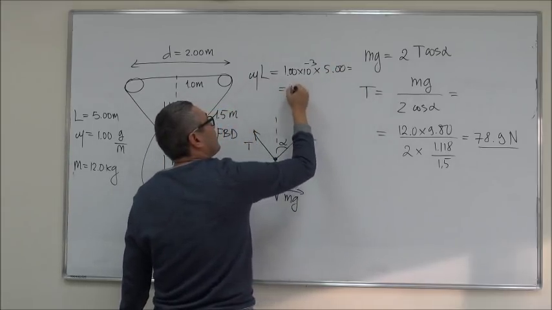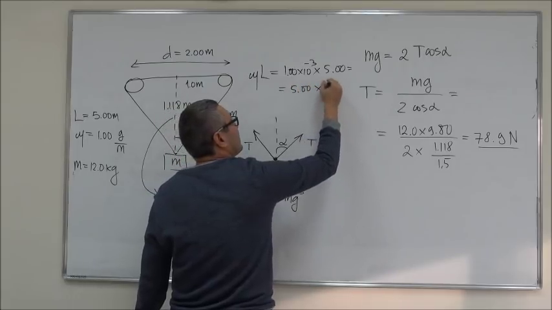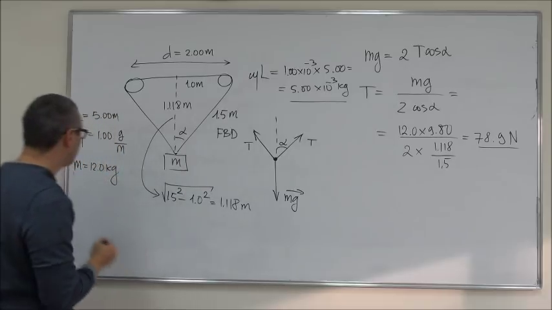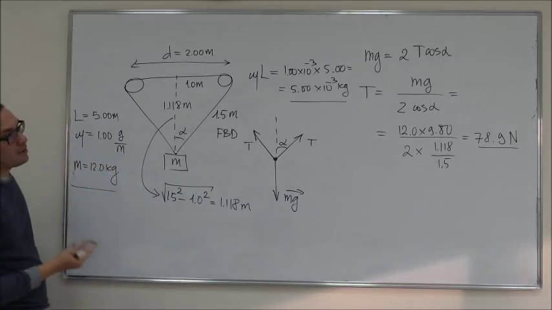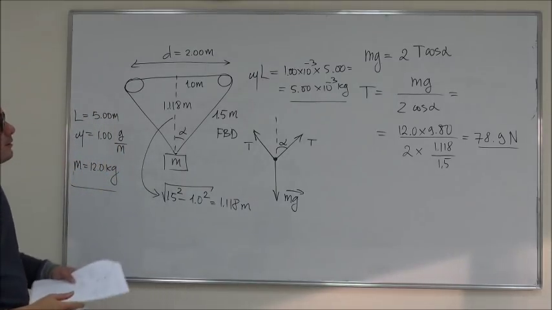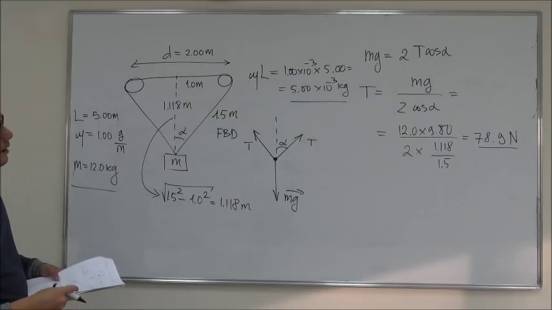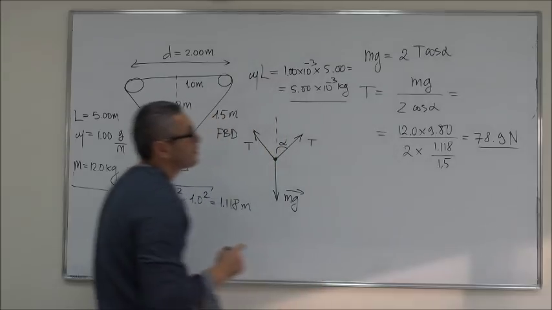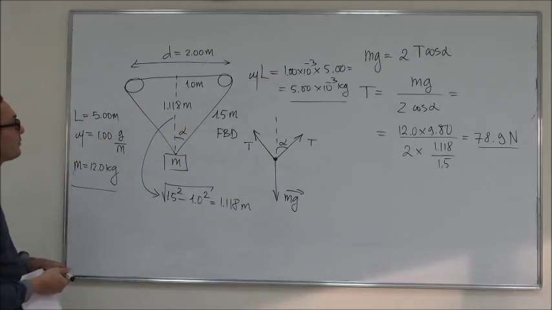So you just get 5 times 10 to minus 3 kilograms, and this is nothing compared to the mass of the block. So in principle, we can just ignore the mass of the string in this case. So that's the answer to part A. 78.9 newtons is the tension inside the string.